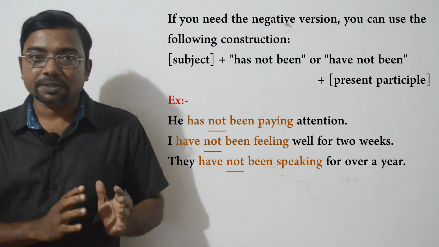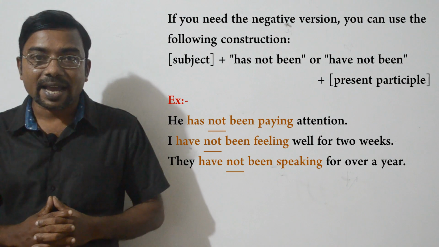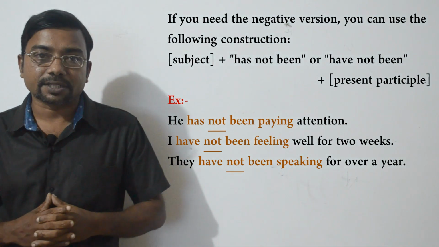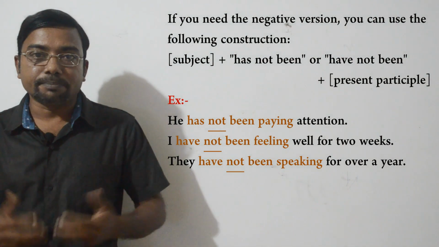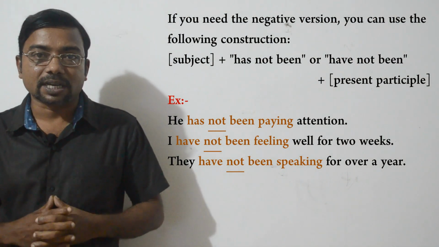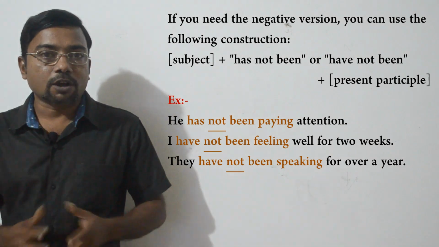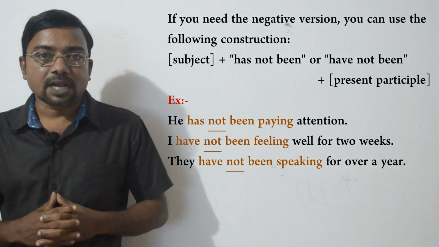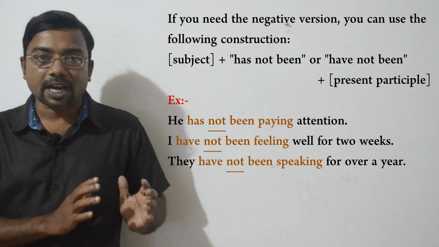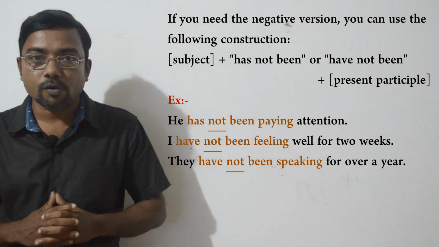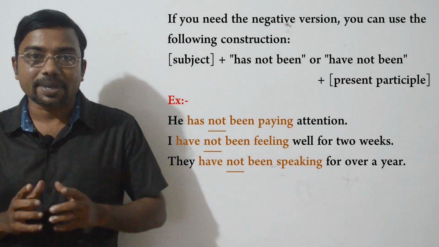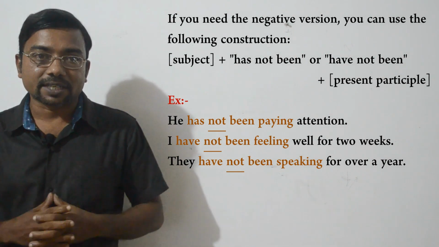Here the subject is he, therefore we use the auxiliary verb has. Then we use not to make the negative statement. Then we use the be verb been and the verb in present participle form, paying. Okay, let's consider the next example. I have not been feeling well for 2 weeks. Here also the subject is I, so we use the auxiliary verb have. Then we use not between the auxiliary verb have and been to make the negative statement.